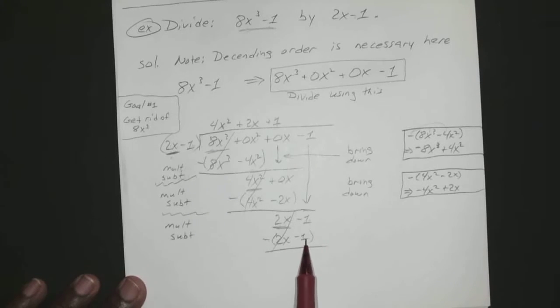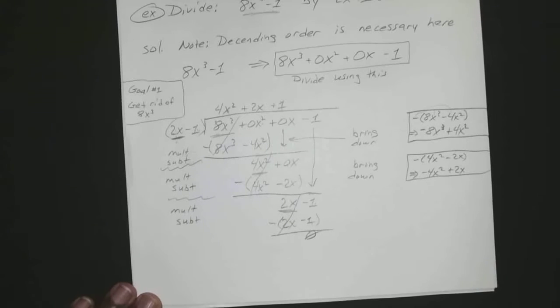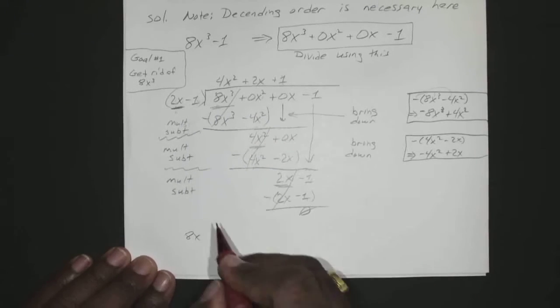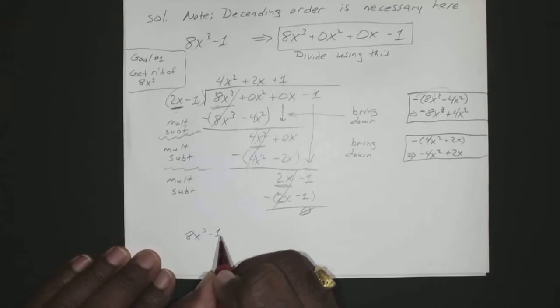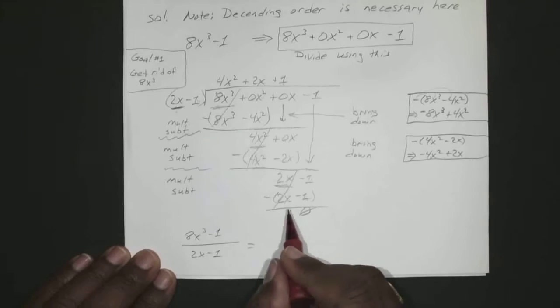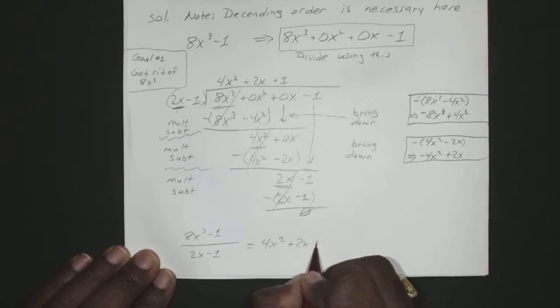Negative 1, remember that makes that plus 1, is 0. So here you have a remainder of 0. Okay, so we know that 8x to the third minus 1 over 2x minus 1 equals 4x squared plus 2x plus 1.